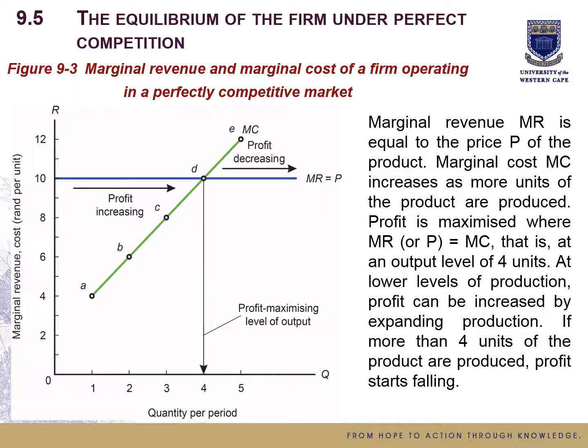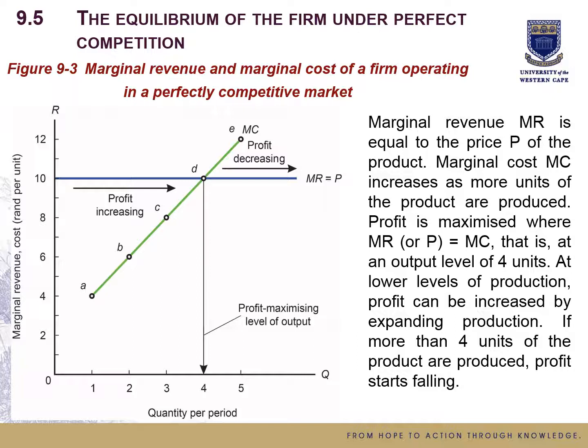This is shown by point D. When the firm produces 5 units, the marginal cost is 12 Rand and the marginal revenue is 10 Rand. Then the firm loses 2 Rand from its profit, hence it will be in the firm's interest to decrease production so as to increase profits at any point above point D.